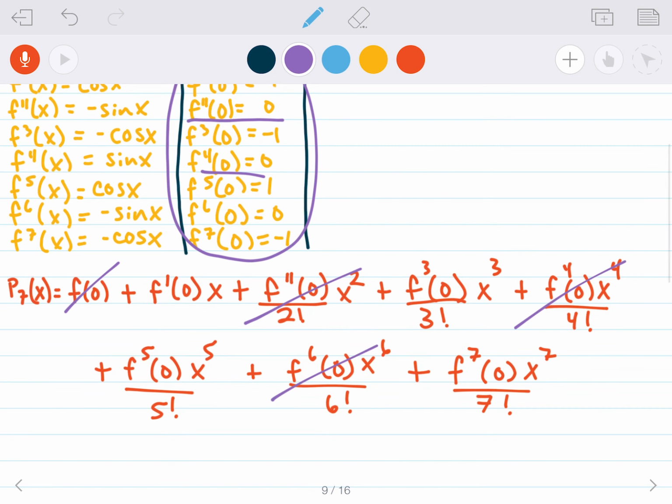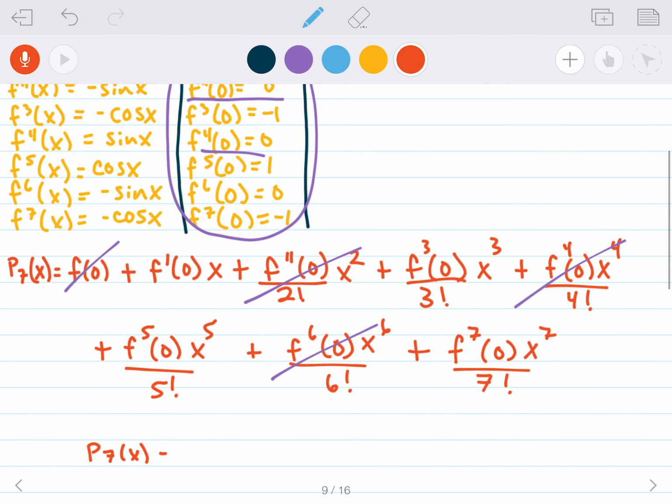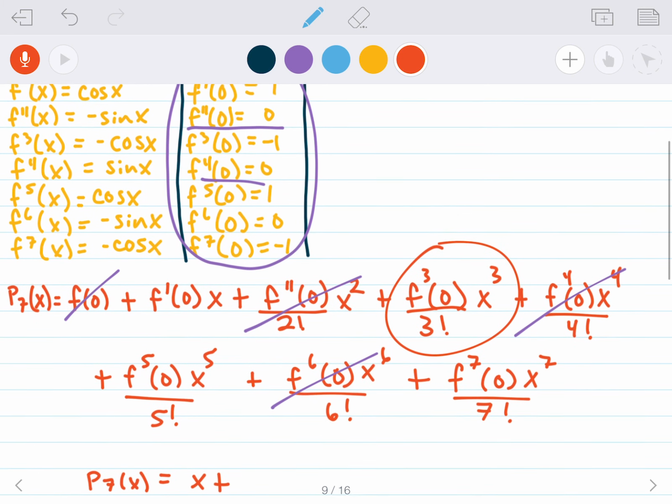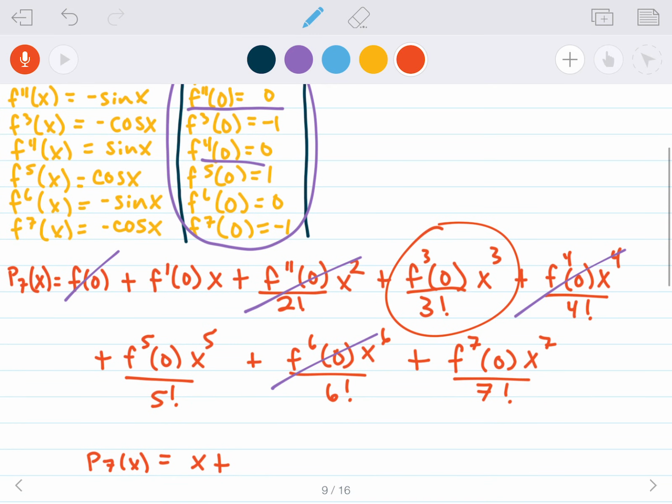Okay, so let me rewrite this. So we have P7 of x. f prime of 0 we just found was 1. So we have 1 times x is x. Plus, now we're looking here, f3 of 0 is negative 1. Negative 1 over 3 factorial, x to the 3.